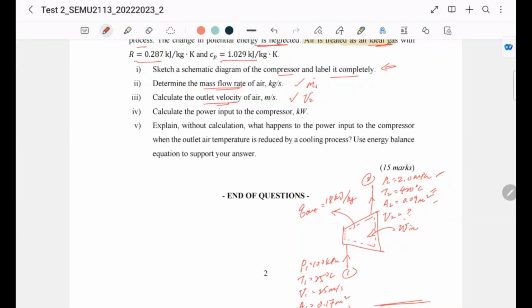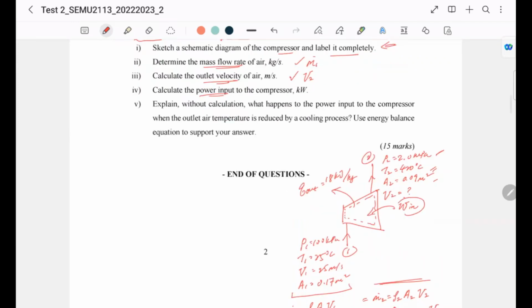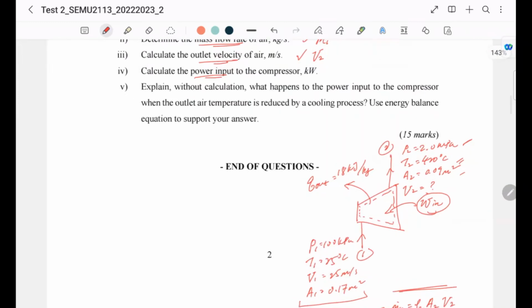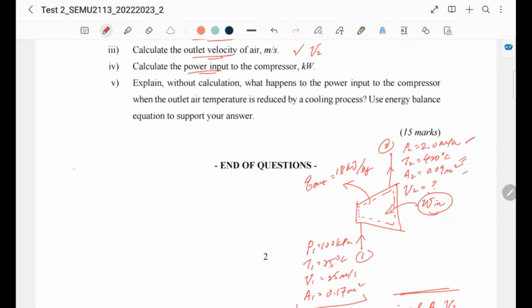Okay. Then the power input to the compressor. For this, of course, we have to write the energy balance.